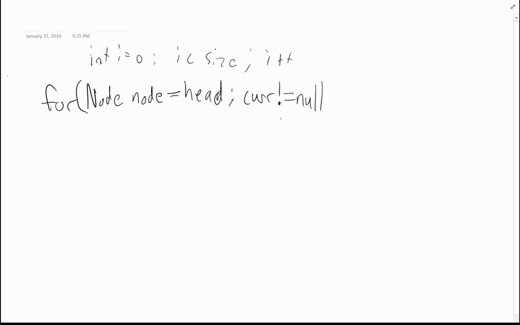And then you're incrementing. Well, how do you increment? Well, I didn't actually talk about this yet, so this is a good place to talk about it. In your node class, you should have a getNext. And all this method does is, if you're currently at position 1 in your linked list, it tells you what's in position 2. Because if you remember, in your node class you had an instance variable called next, which is type Node.